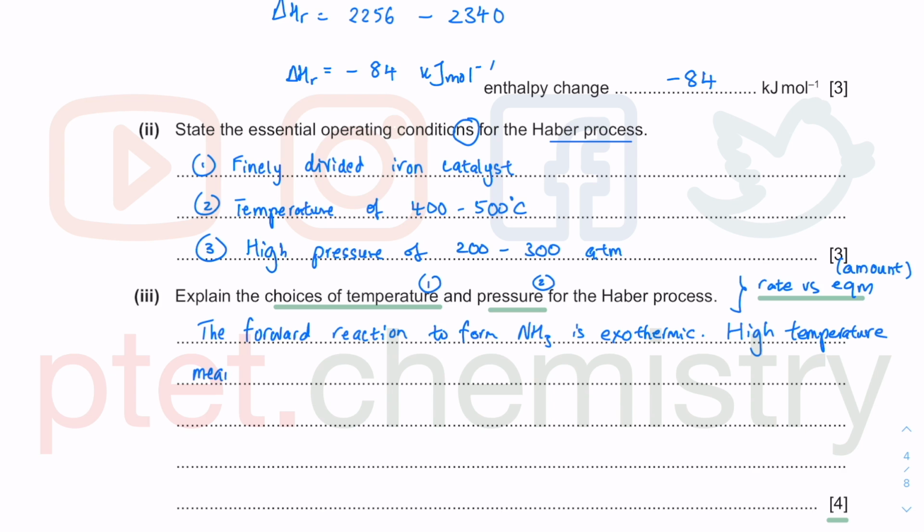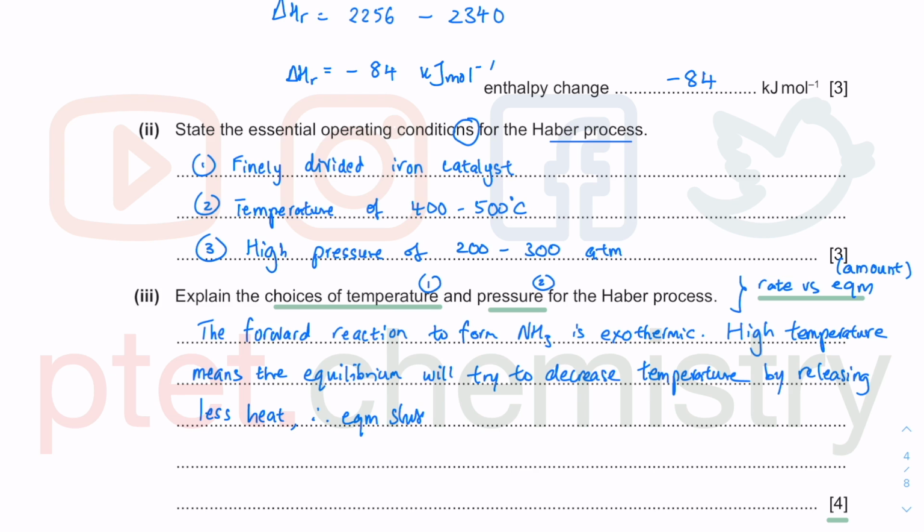High temperature means the system will want to decrease temperature, but you only know how to release heat because that's what you do in the forward reaction. If you want to decrease temperature, do you want to release more heat or less heat? To get lower temperature, you will release less heat, and therefore the equilibrium will shift to the left, and when you shift to the left, you will have lower yield of ammonia.